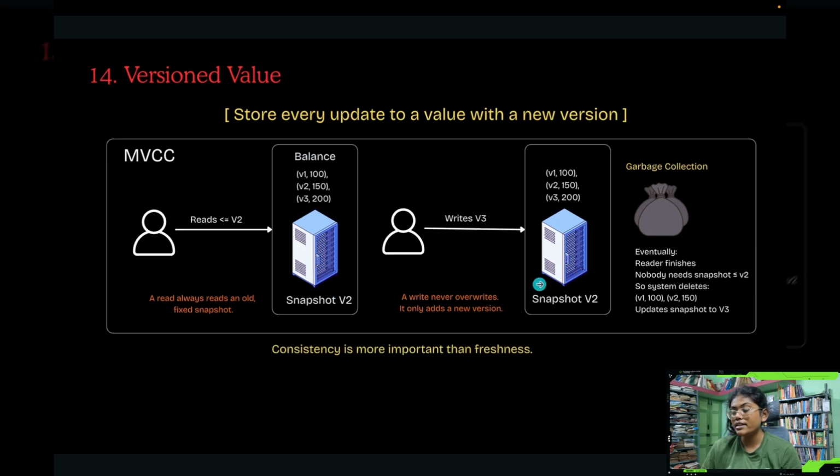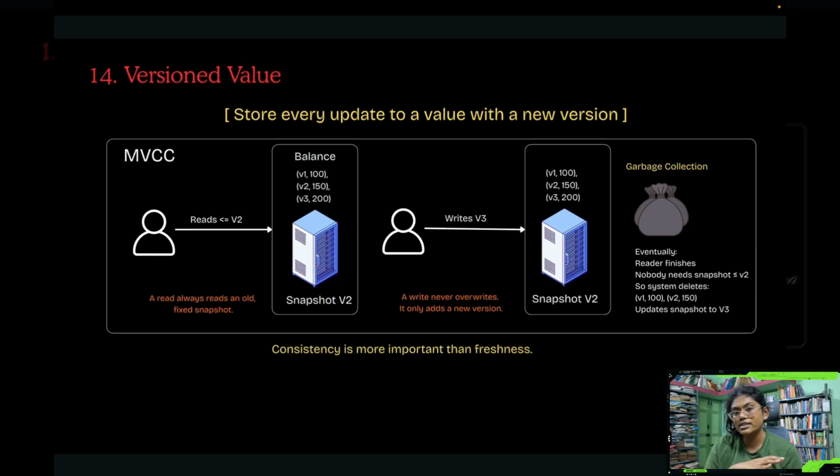And when the write occurs, the write never overwrites. It only adds a new version. For example, we're having version 3 as 200. It will only write it as a new version, not overwrite the already existing value. And then the snapshot is again sent as V2, not as V3. Then you may ask, so the updation happens, won't the client get the new updated result? No, eventually, of course, after the reading finishes, nobody needs the snapshot less than or equal to version 2.